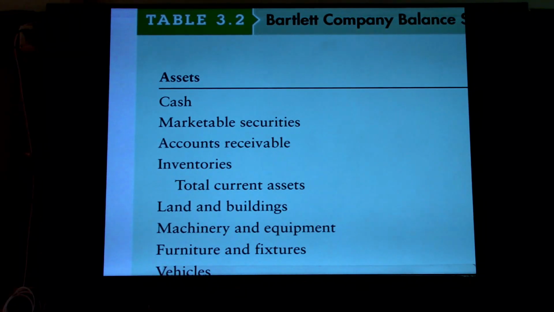Examples of current assets such as cash النقدية, marketable securities, accounts receivable, inventory.